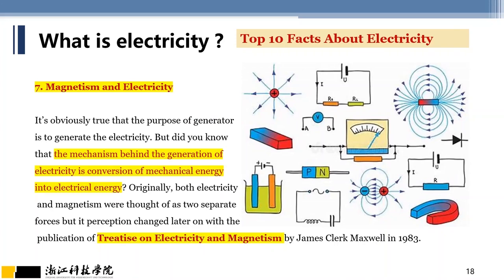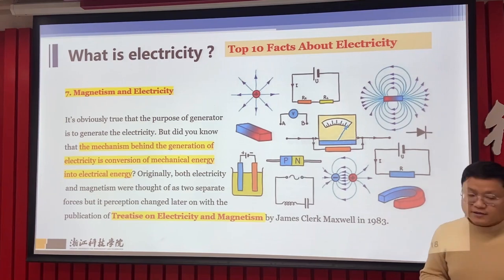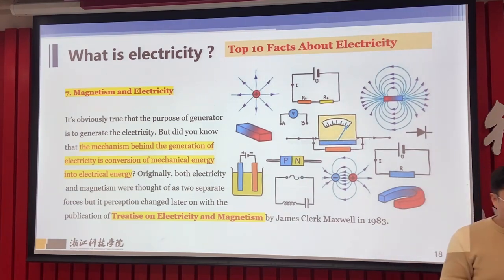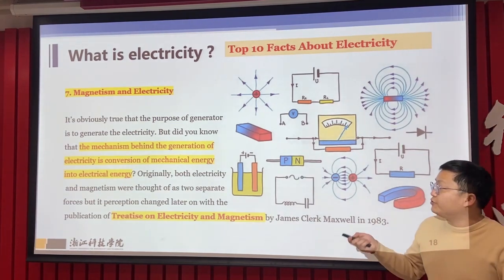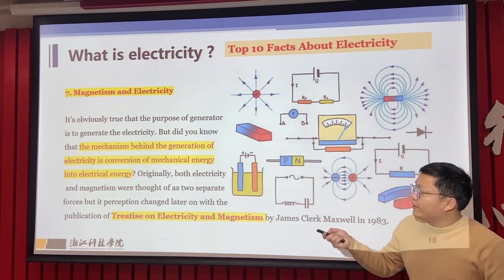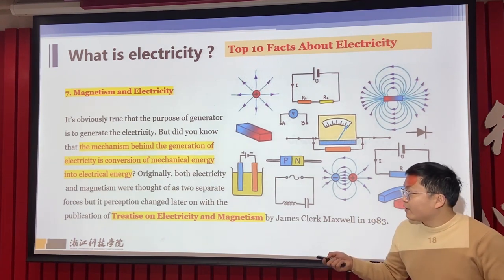And the seventh is magnetism and electricity. It is obviously true that the purpose of a generator is to generate electricity, but did you know the mechanism behind the generation of electricity? The mechanism is the conversion of mechanical energy into electrical energy.